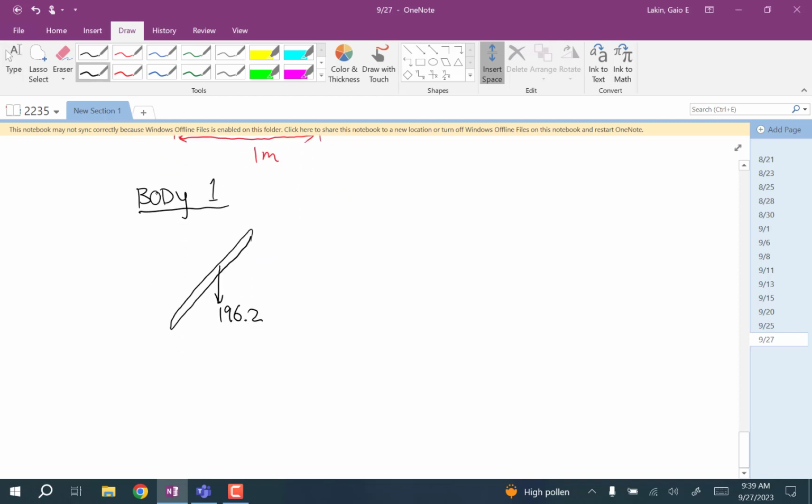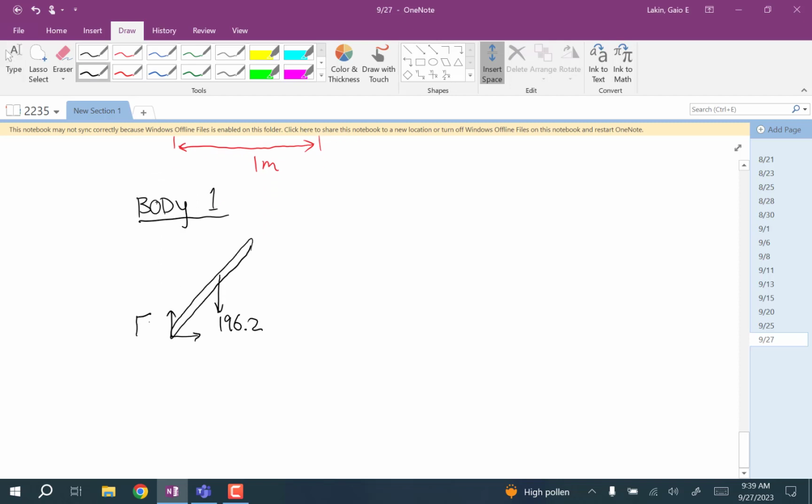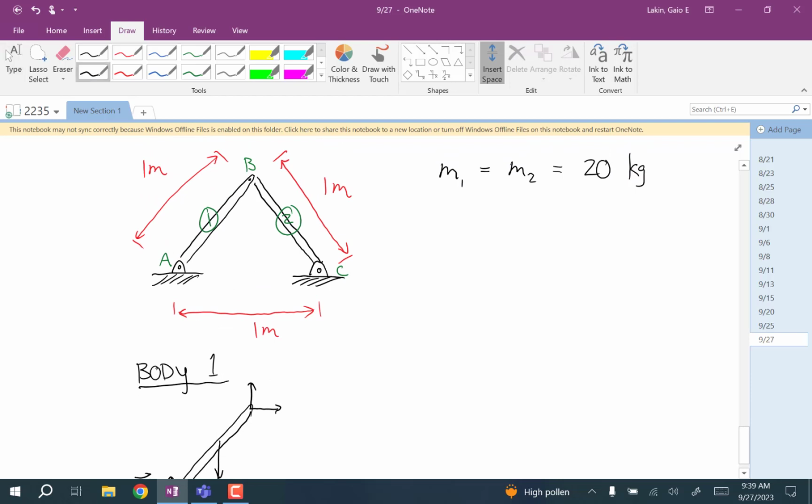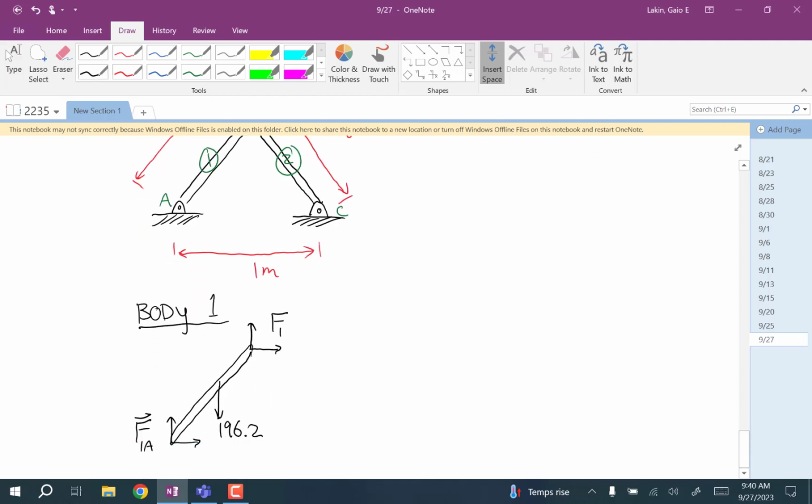So down here, and it makes a pin joint with it because it's a pin. So I'm going to call this a force vector, force on body 1 by the pin A. And then up here, what does it touch? Well, we're going to assume that it doesn't touch body 2. It only touches the pin, and then the pin touches body 2. Okay? So this is going to be the force on 1 by the pin B.